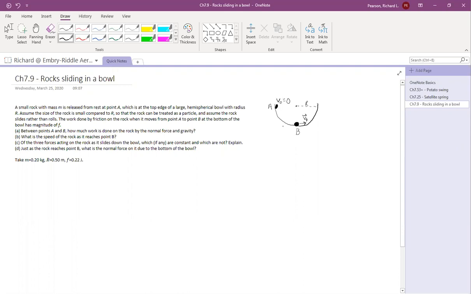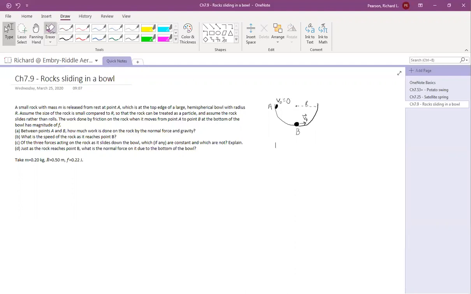So the first question asks for the pieces of what's going on between points A and B. And so we're going to do a couple of things.